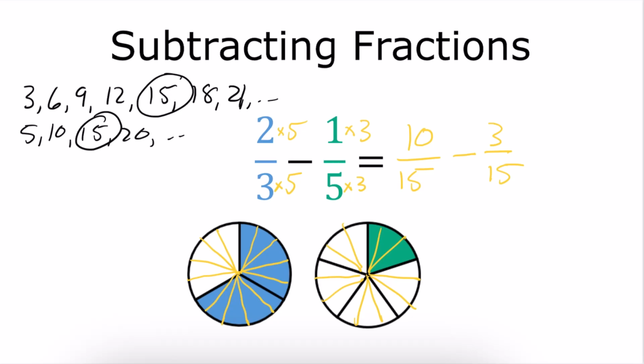But I'm going to say, okay, well, this amount is going to take away this amount. And this amount is going to take away this amount. And this one is going to take away this one. And what I have left is 1, 2, 3, 4, 5, 6, 7 of my 15ths. And so this would equal 7/15.